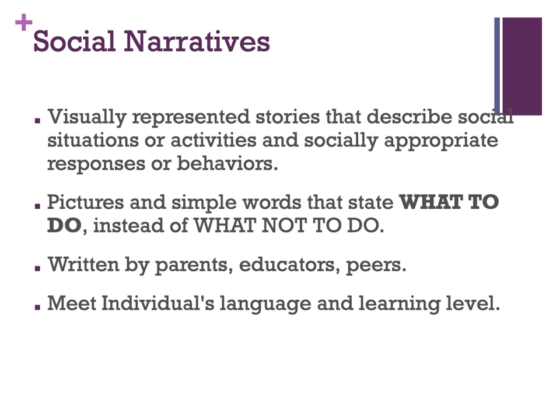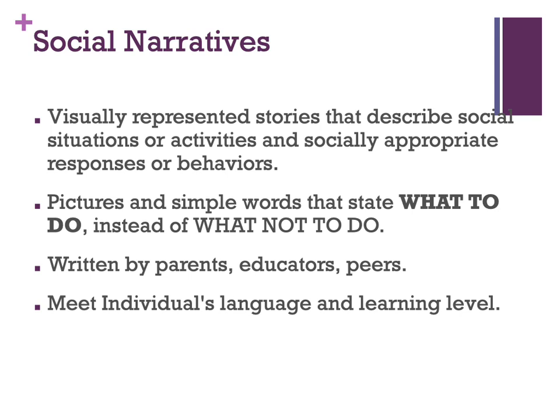The next intervention strategy is social narrative. We all know about this. This strategy includes social story intervention. You usually visually present these stories that describe social situations or activities and the socially appropriate response or behavior. When you use this intervention, make sure you include pictures or simple words that state what to do instead of what not to do.